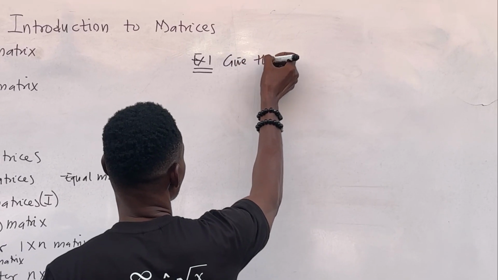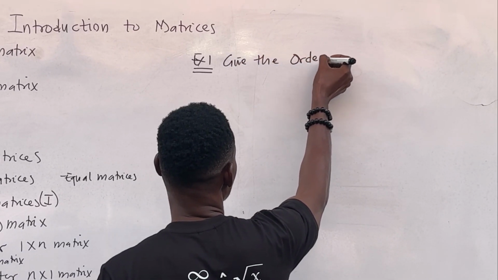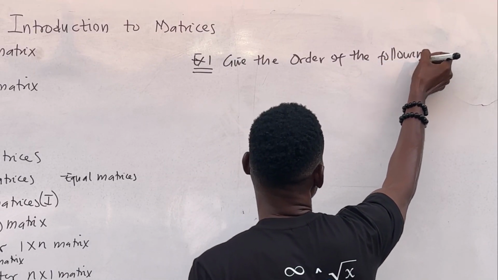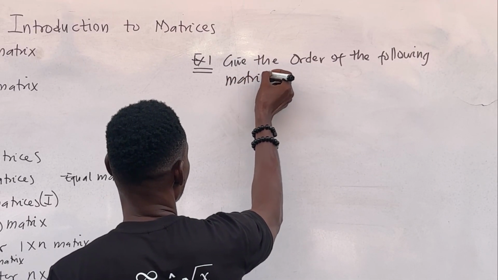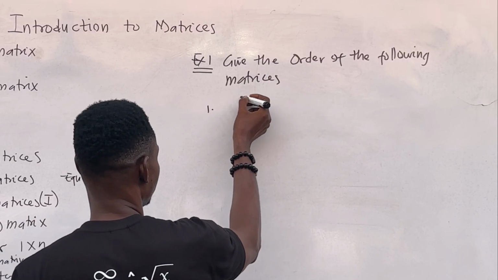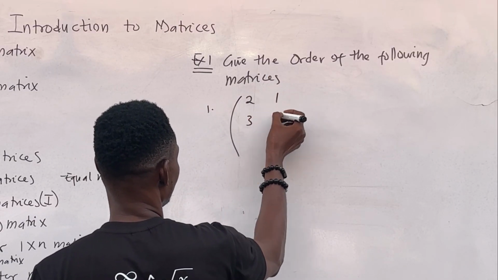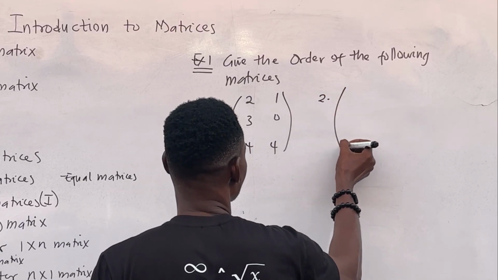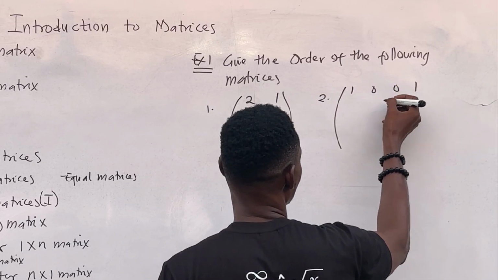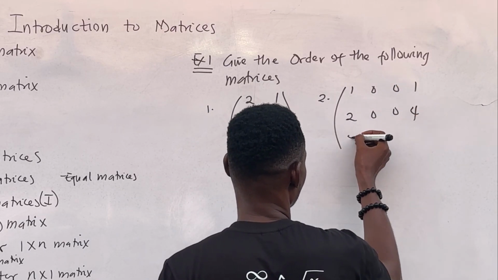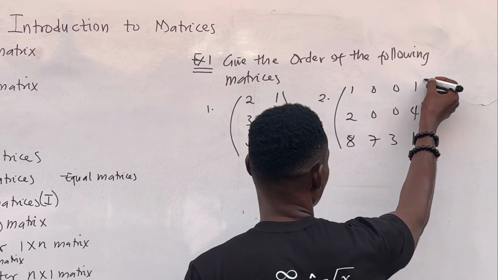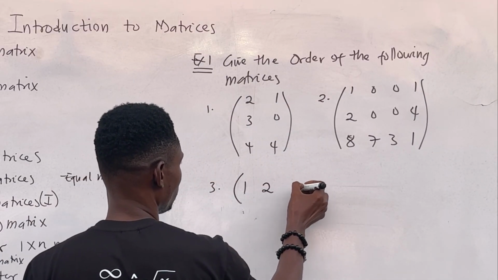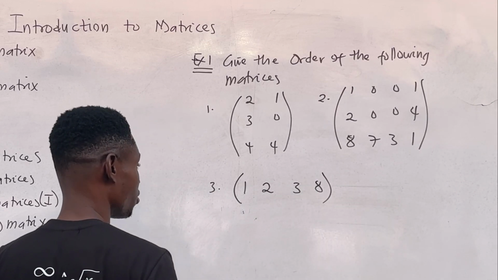Give the order of the following matrices. So the first one is this. The second one is this. The third one is this. Let me give a fourth one.